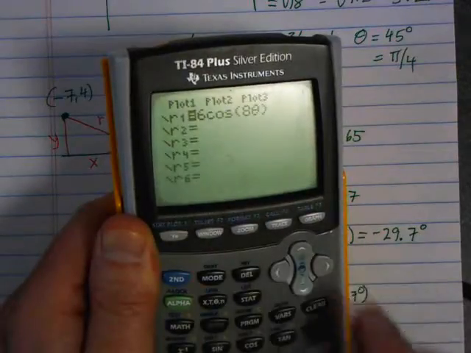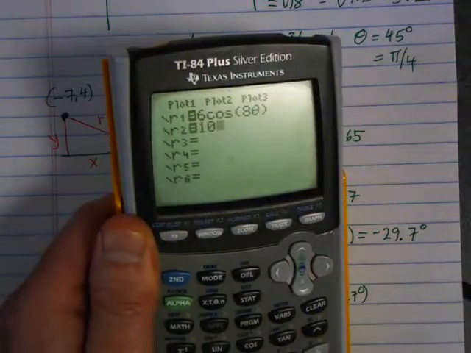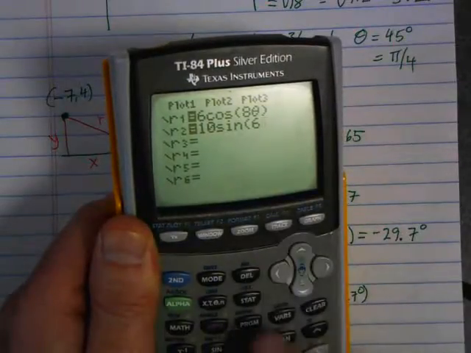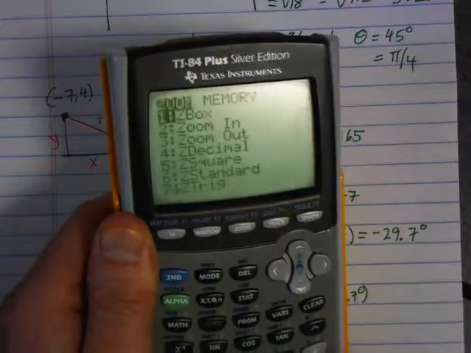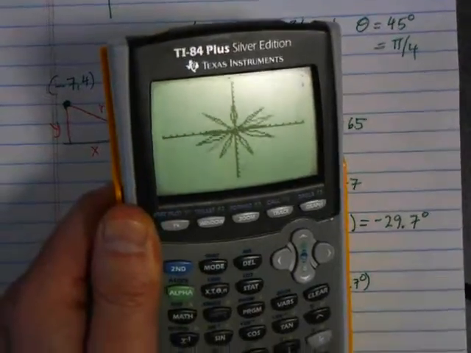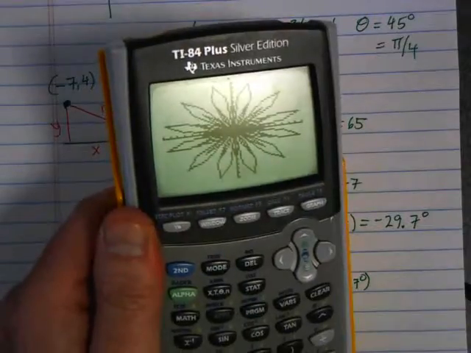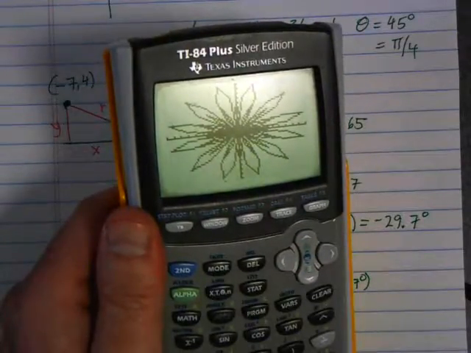And then 10 sine 6 theta is going to give you a 12-petal rose. So you get kind of a flower inside of a flower sort of deal.